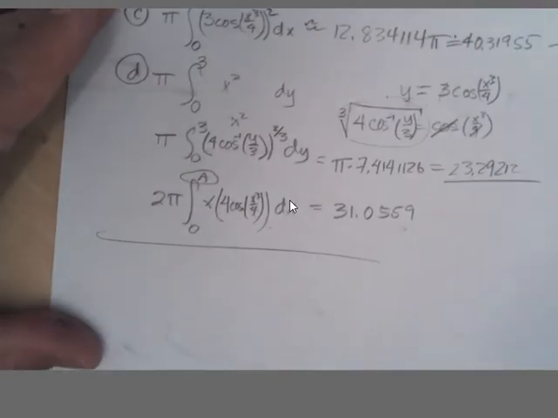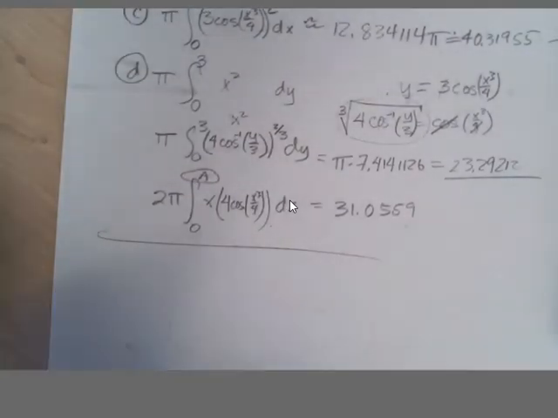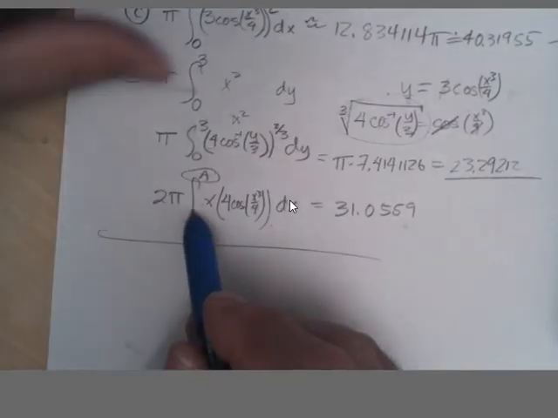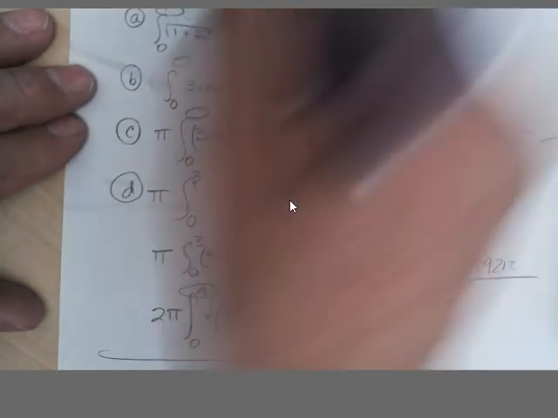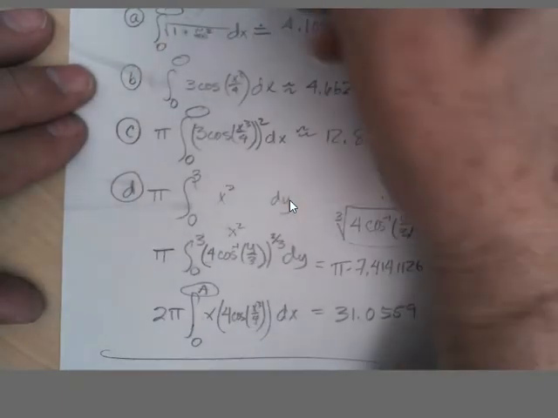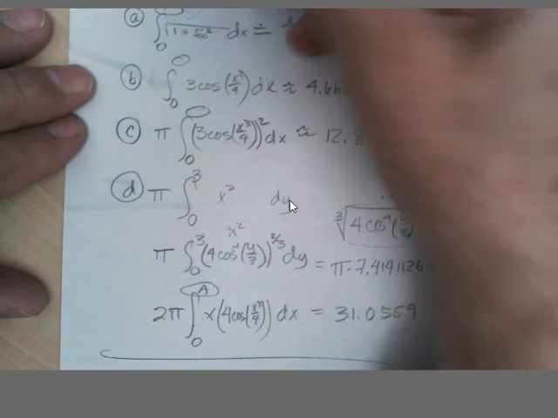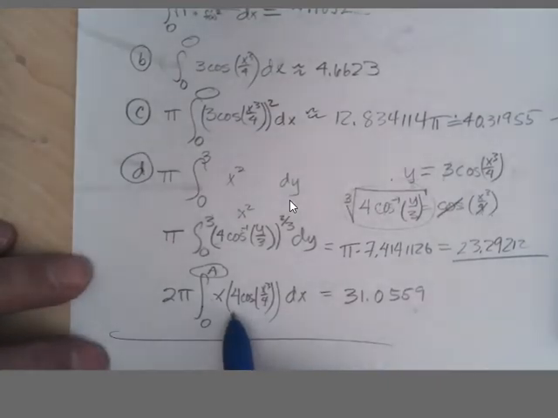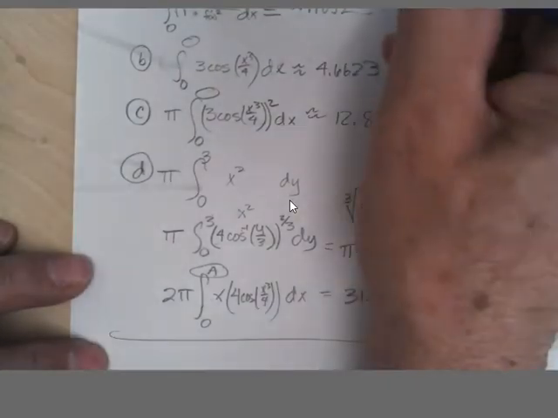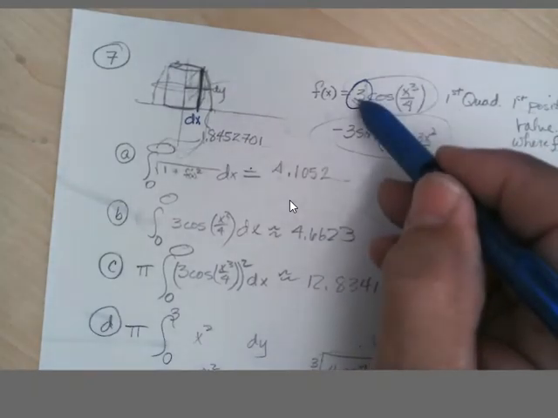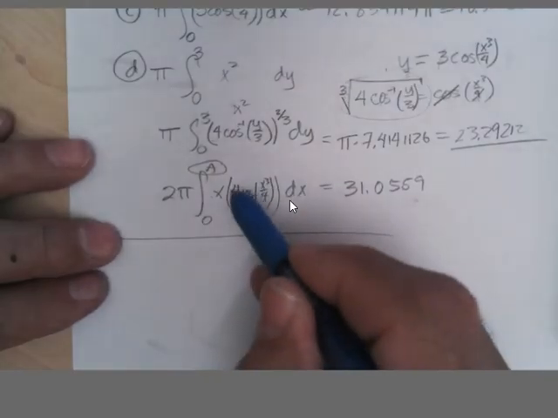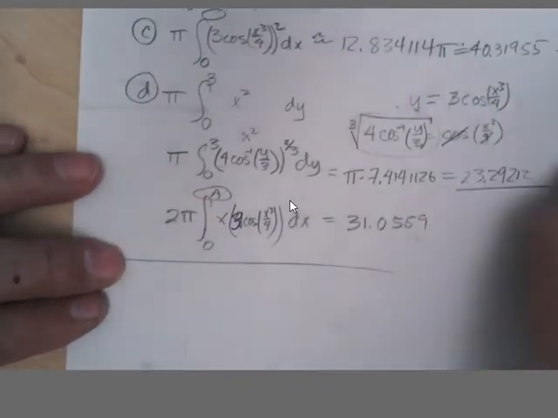All right. So let's see what I did wrong here. So if I'm doing this, the thickness is dx, the height is y, and y is, oh, there's my mistake. It's 3, and I put a 4. There's the mistake.